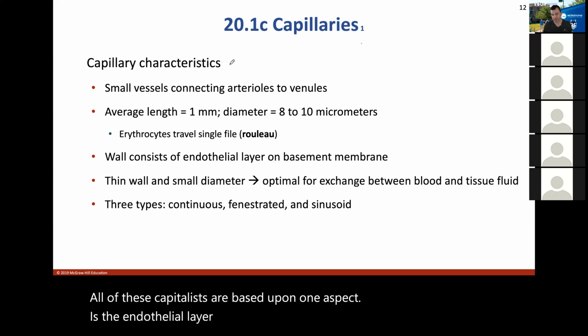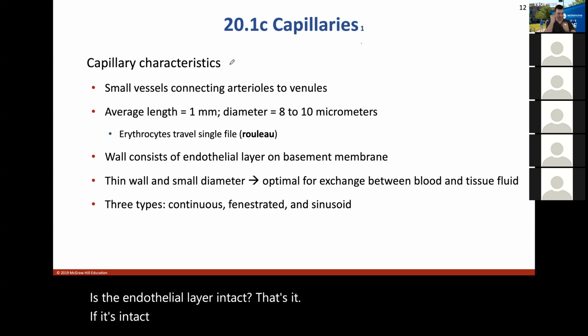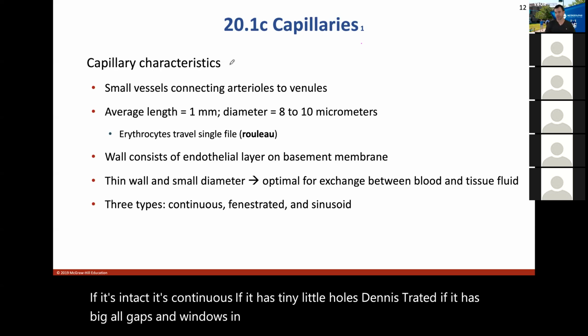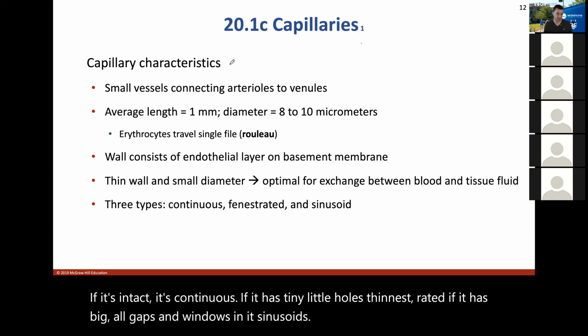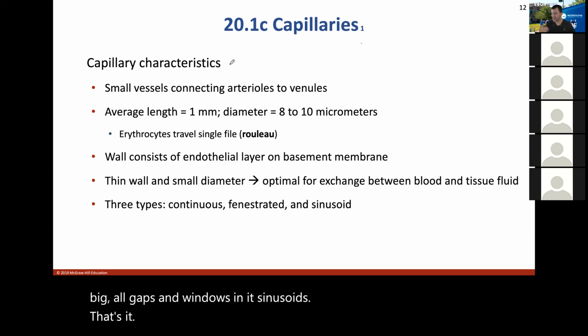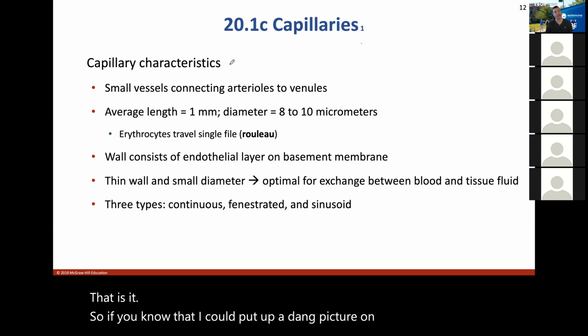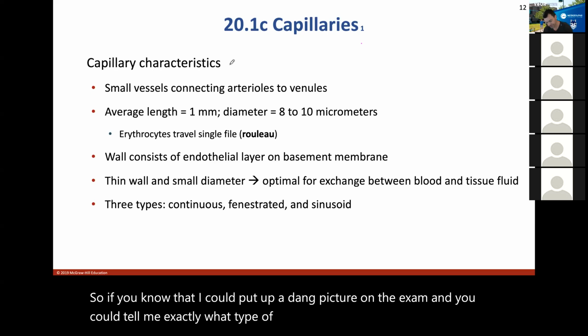That's it. If it's intact, it's continuous. If it has tiny little holes, fenestrated. If it has big old gaps and windows in it, sinusoids. That's it. If you know that, I could put up a picture on the exam and you could tell me exactly what type of capillary it is.